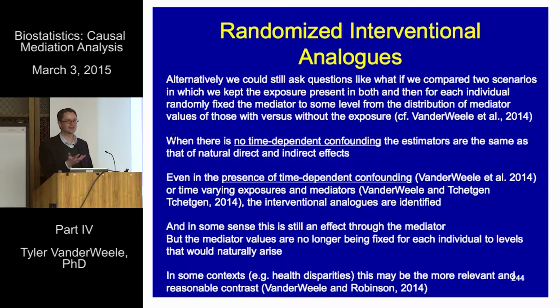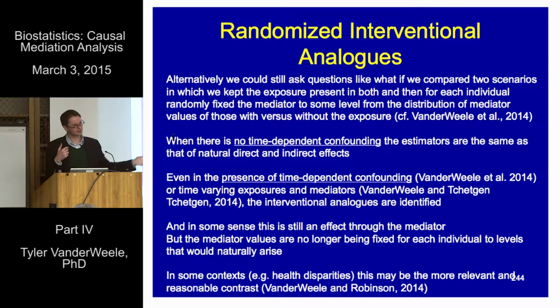It's a bit of a sleight of hand because we've changed our definitions, but at least in some contexts, this might actually be the effect of interest. If you think about trying to interpret the natural direct effect in the context of, say, health disparities research, if you were to ask the question, for example, what would this black person's health outcome have been if they had an SES that they would have had they been white?